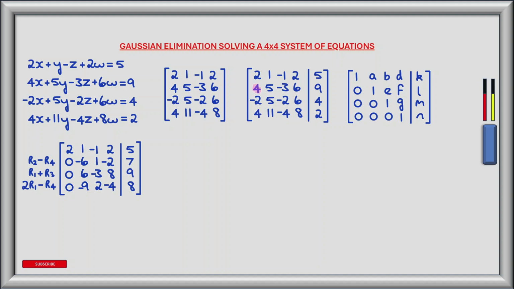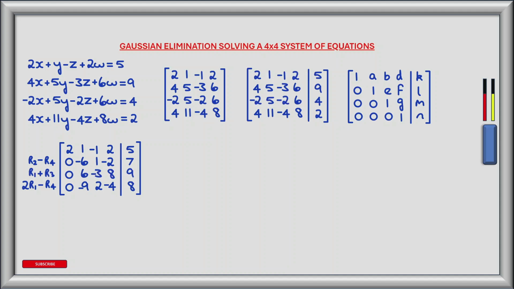So beginning with this element here, if we subtract row 4 from row 2, so subtracting this row from this row, we get 0, -6, 1, -2 and 7. And then working on this element here, if we add row 3 and row 1, so this is row 3 and this is row 1, we get 0, 6, -3, 8 and 9.